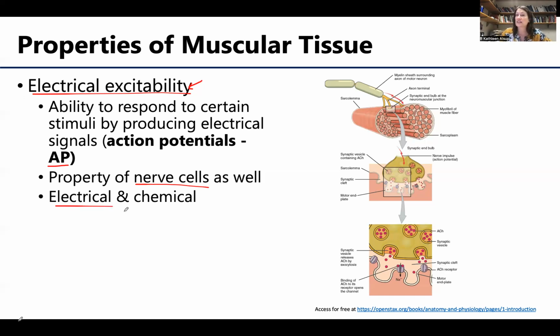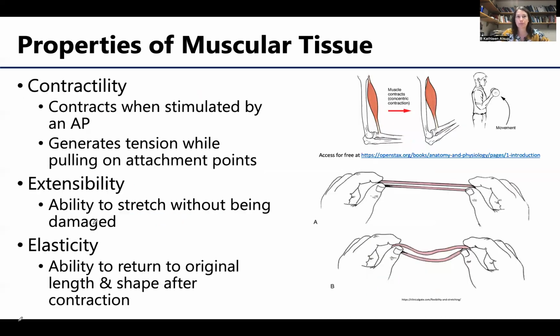And then when we're talking about skeletal muscle, chemical means, most commonly neurotransmitters released by neurons, which go through this cleft here and initiate action potentials on the muscle cell plasma membrane. So this is where we'll spend a bit more time, and you'll come back to this when you get into the cardiac type of muscle. Electrical excitability, super neat in terms of a property of muscular tissue.